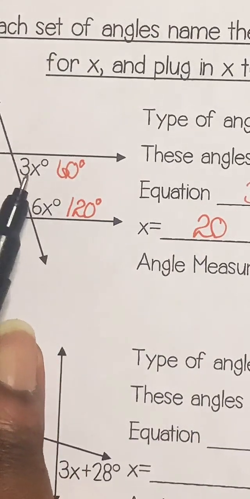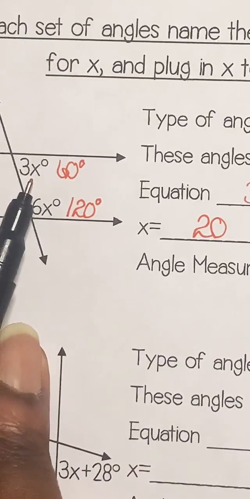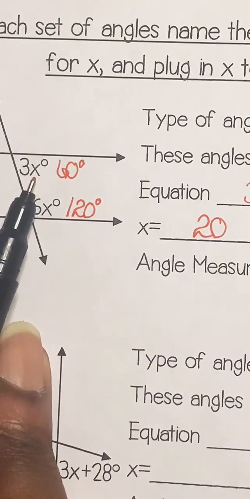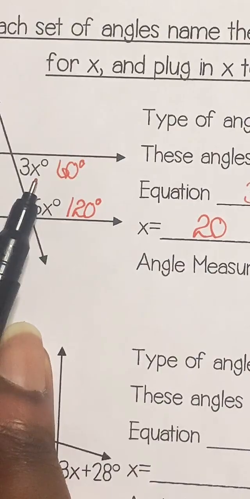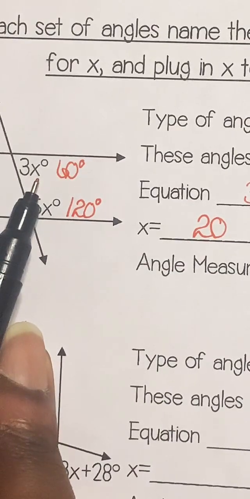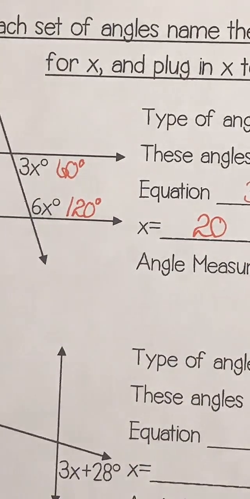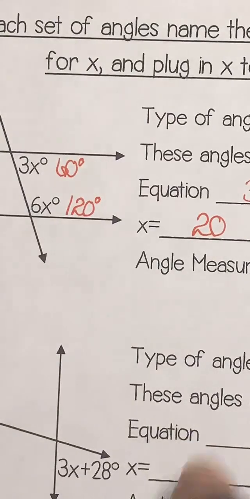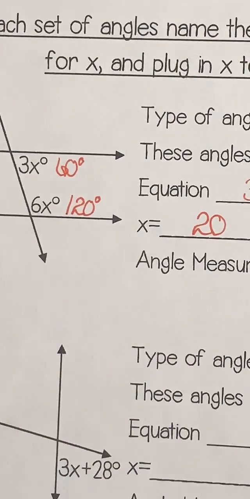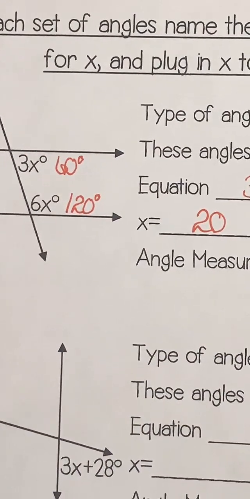There are times you might have to substitute. So anytime you solve, my suggestion is to reread the question to make sure you're answering the question. Just take a moment to reread it. Just the question, not the whole entire problem, just what you are supposed to be looking for.